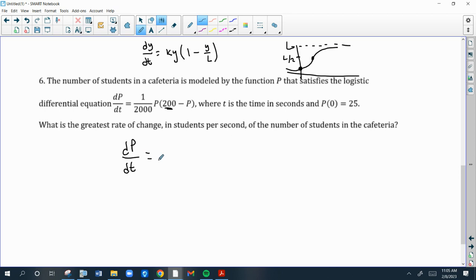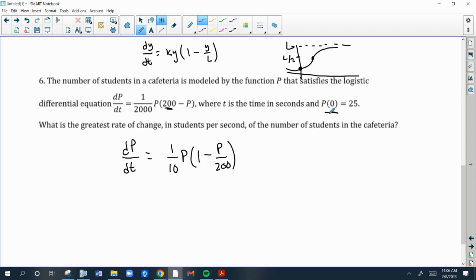I'm going to be left with 1 over 10 p times 1 minus p over 200. So right now we know the carrying capacity of this function p is going to be 200.